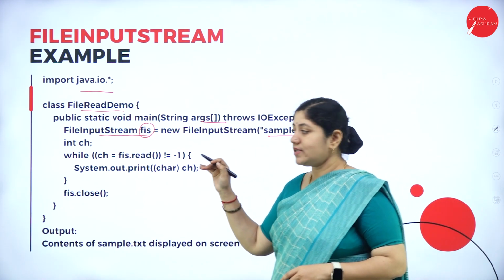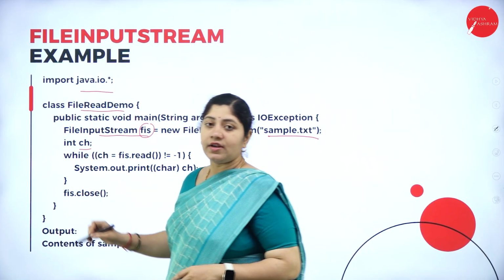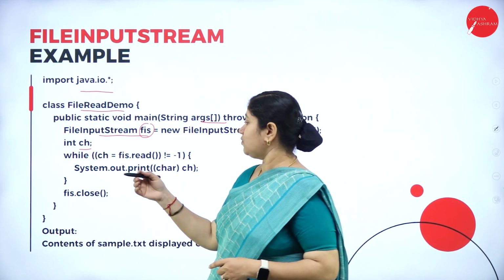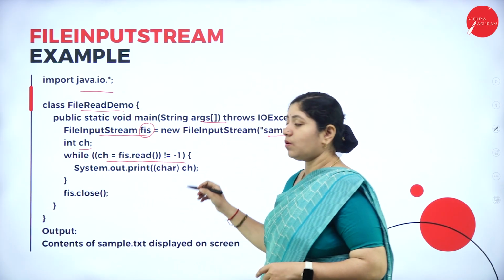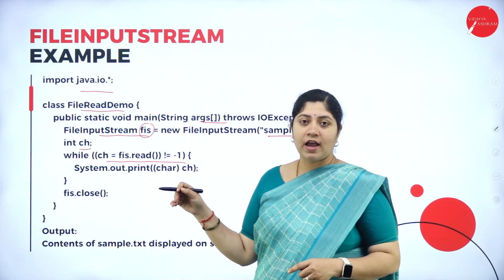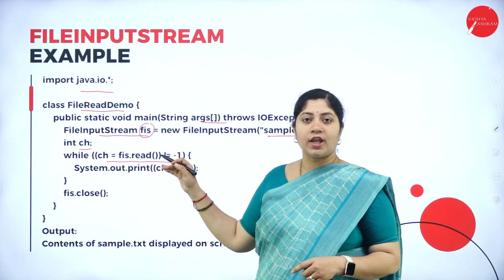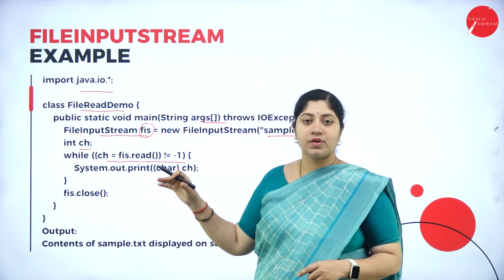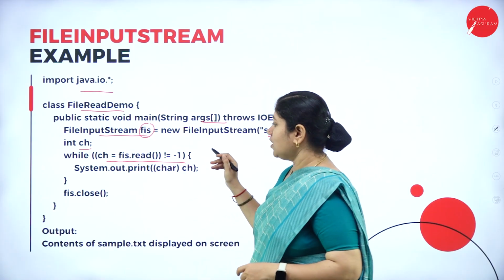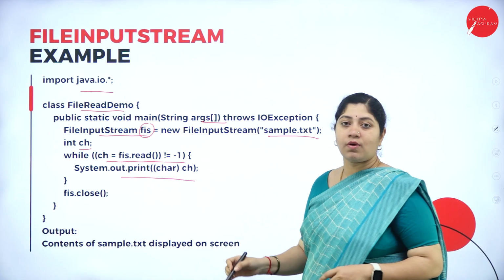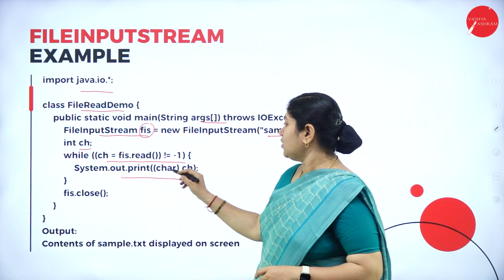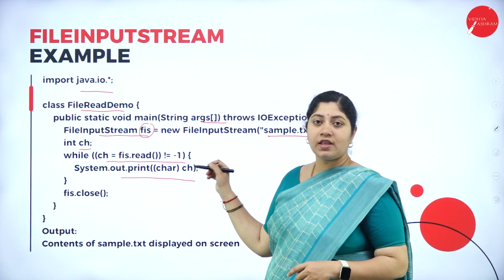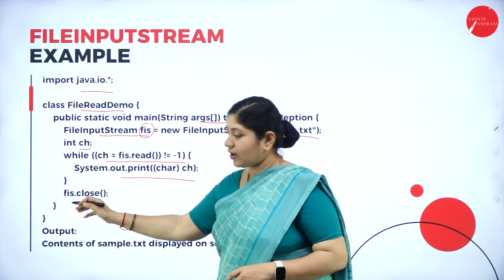All right, once it is done, we define an integer variable followed by a while loop in order to read the file, and the process has to carry on until the byte stream returns -1. This is followed by a print statement, System.out.print, for displaying the character. Let's close the bracket.